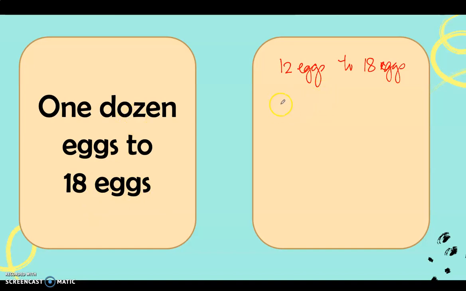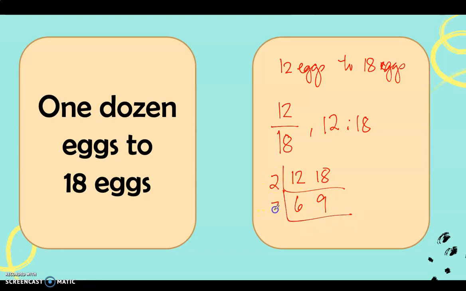So for the fraction form, it will become 12 over 18, or 12 is to 18. Then since there is a common factor between 12 and 18, let's get the lowest term. We have 2, 6, 9, you have 2 and then 3. So there's no more common factor between 2 and 3. The answer would be 2 over 3 or 2 is to 3.